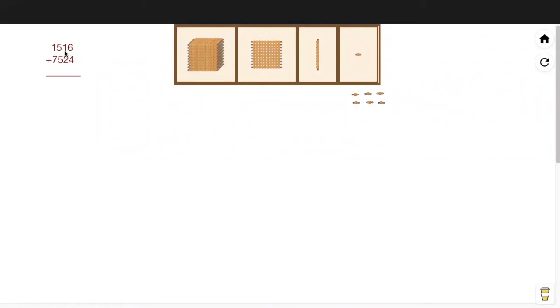What's this number right here? Is this a 1 or 2 or 3? How many 10s do I have? The number that is right by my mouse. 1. We have 1 10. So let's get out 1 10 bead right here. So go ahead and get out 6 of your 1 beads and 1 10 bead.